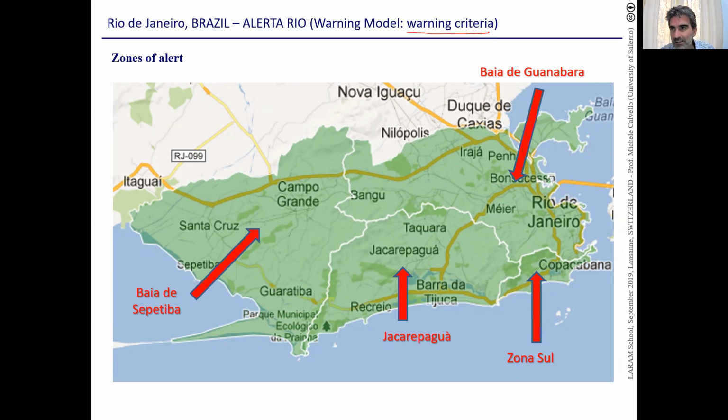The zones of alerts, the warning areas, are only 4: Zona Sul, Chapai-Paguá, Baía de Guanabara, and Baía de Sepetiba. So you can see they have different sizes, but also because, as I said, landslides do not happen homogeneously over the territory of the city of Rio de Janeiro, because they depend on where slopes are in it.